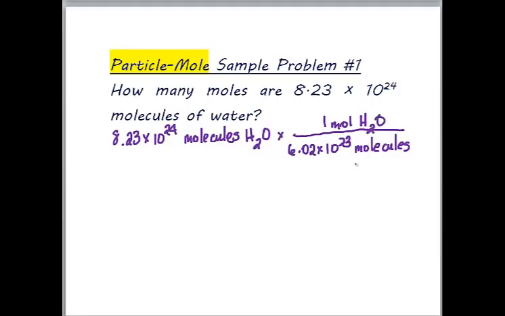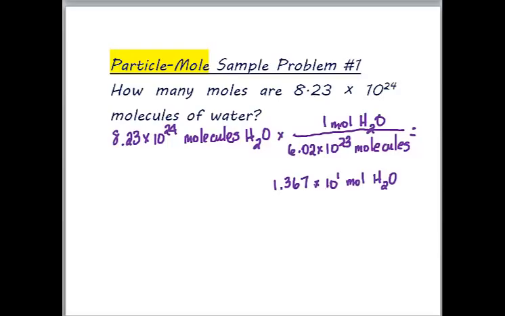And for the sake of space, I'm going to drop down. And what it's going to equal is 1.367 times 10 to the first moles of water. Now, a couple of things here. Let's make sure that we express all our answers from this point forward in scientific notation, and I've done that here.